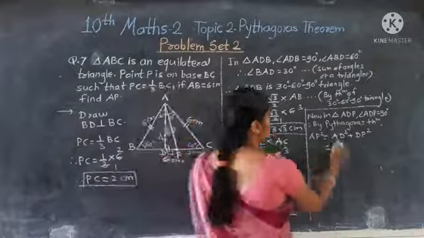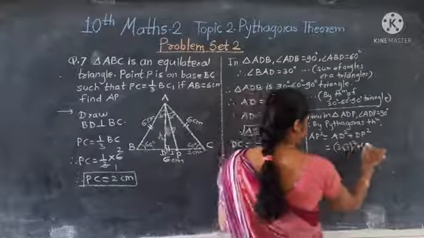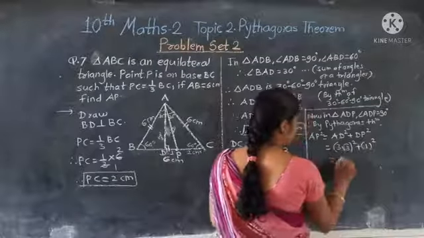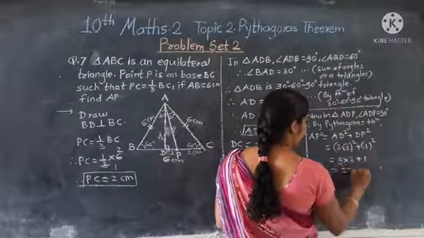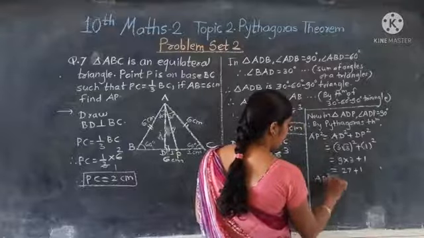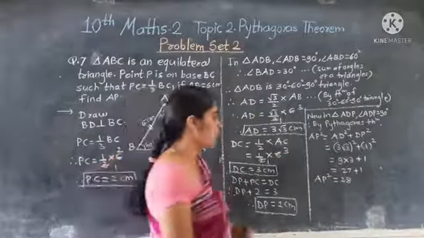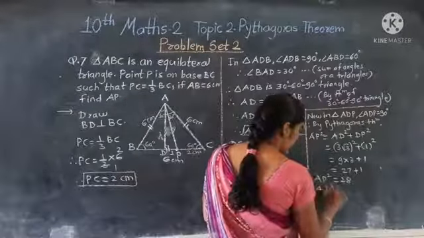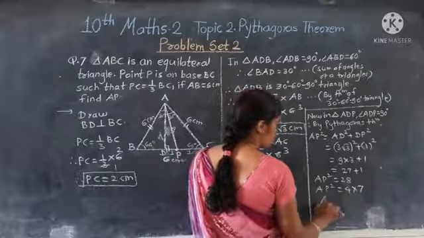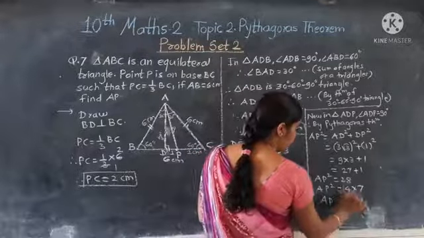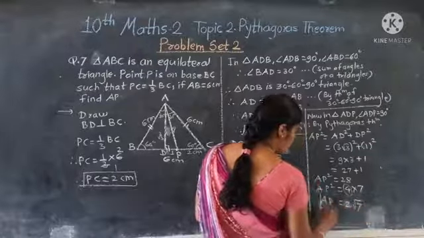We have calculated 3 root 3 squared plus DP 1 squared. 3 threes are 9 into root 3 squared is 3, plus 1. 9 threes are 27 plus 1. So we get AP square as 28. Okay, you factorize this. AP square is equal to 4 into 7. Taking square root on both sides, we get AP is equal to square root of 4 is 2 and square root of 7 is root 7.